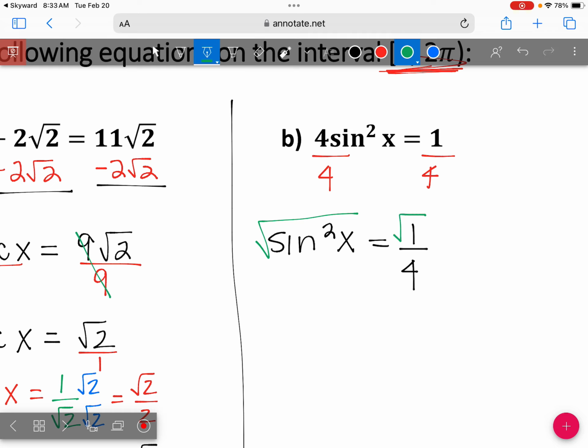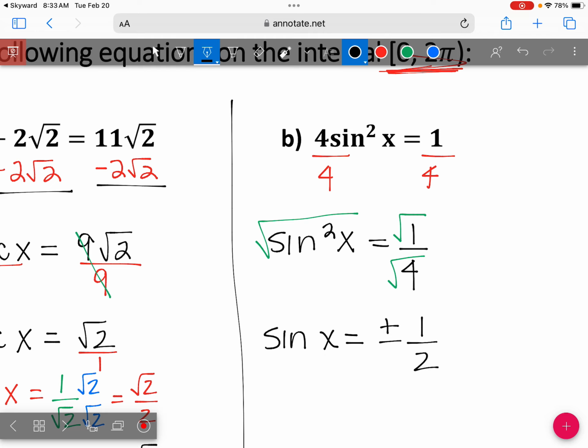That's how you square root a fraction. Luckily for us, they're both perfect squares. And what is the square root of 1/4? Plus or minus 2? Plus or minus 1/2.